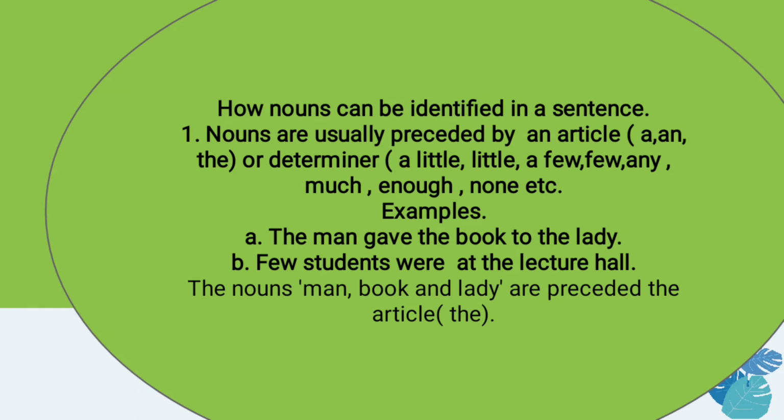One, nouns are usually preceded by an article, and the articles are a, an, and the, or a determiner, and it may be a little, a few, any, much, enough, none, etc. Examples under this.